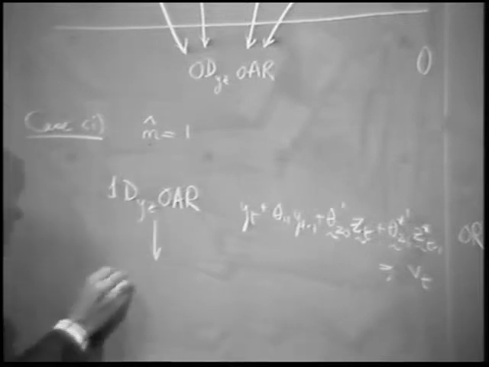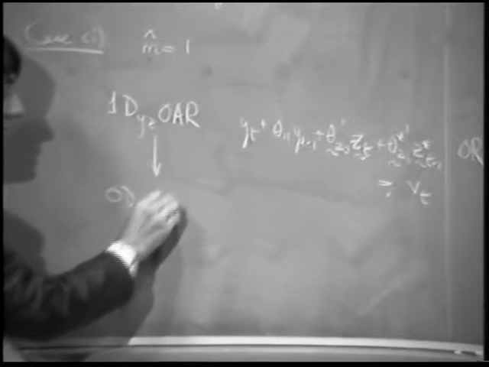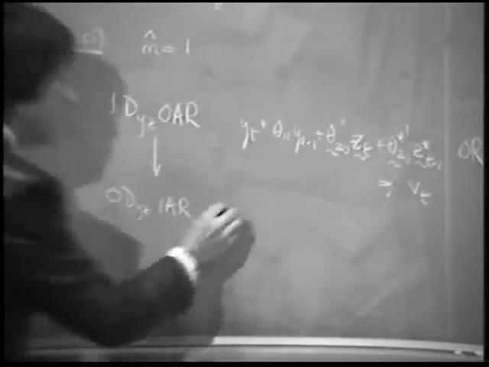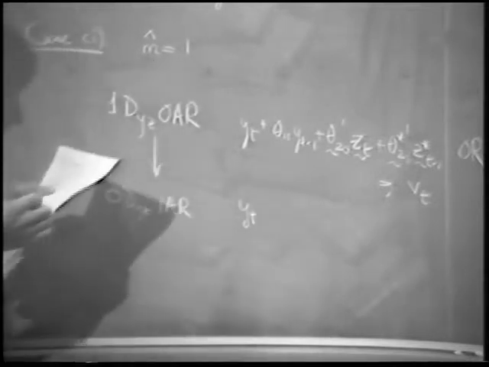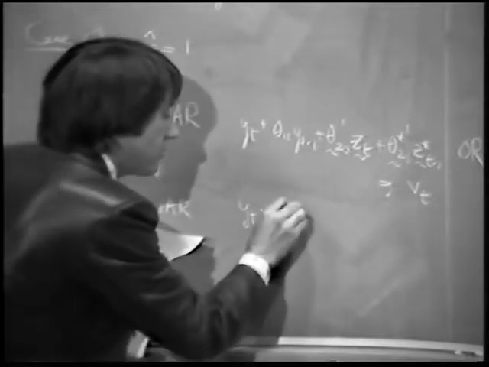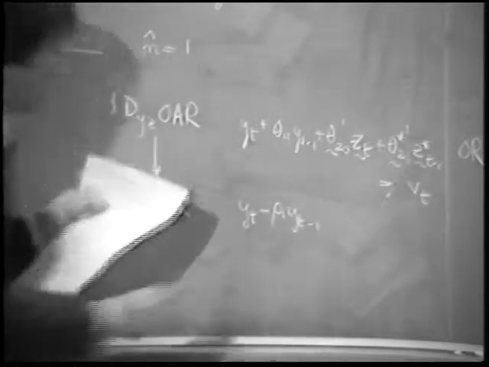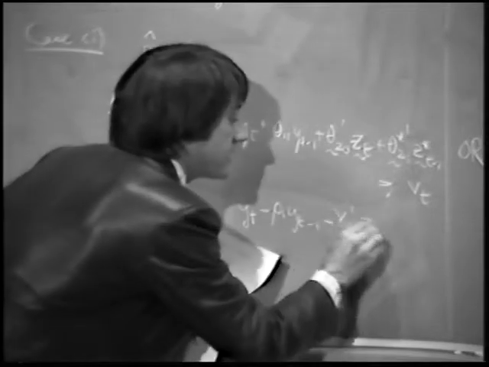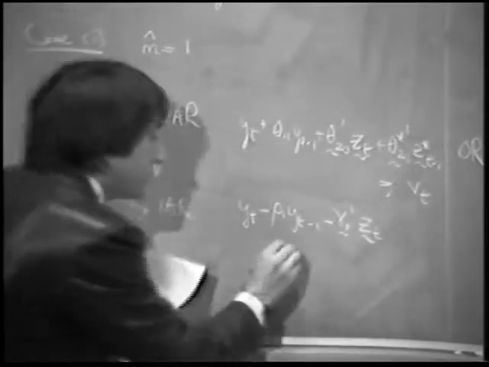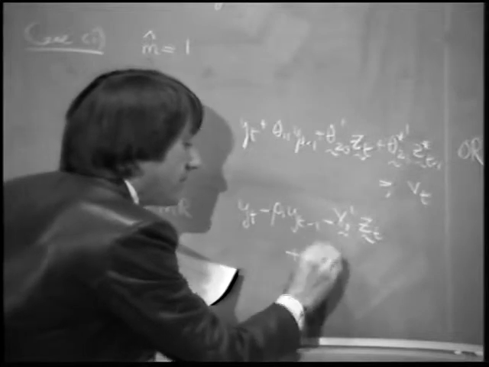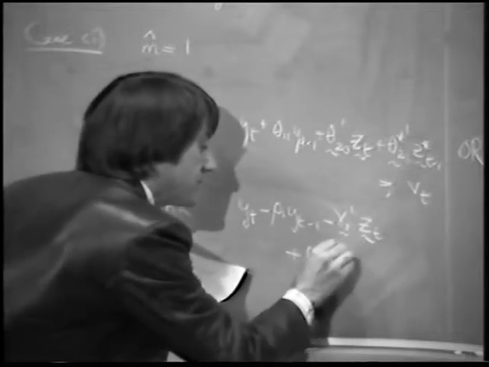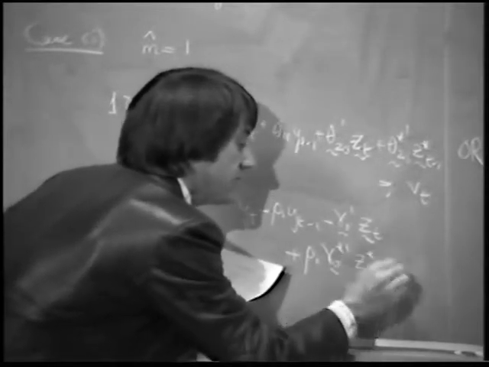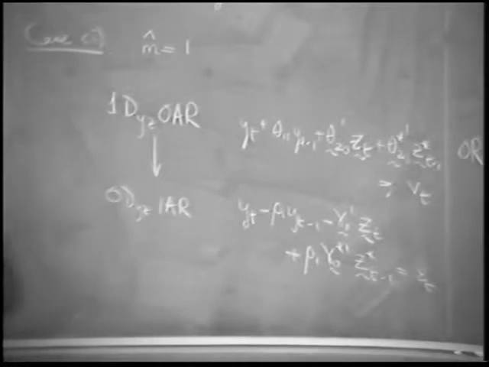Compare that with the model with first order dynamics generated by a first order autoregressive error process, which would have y_t minus rho_1 y_{t-1} minus gamma_0 transpose z_t plus rho_1 gamma_0 star transpose z_{t-1} star is equal to epsilon_t.